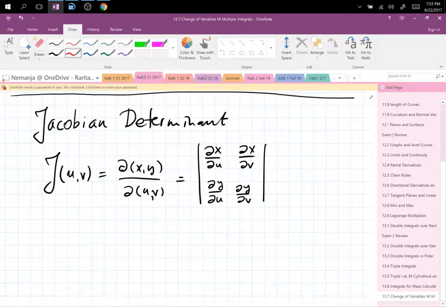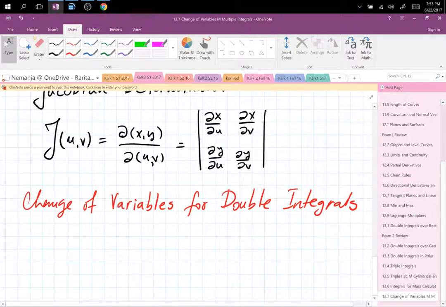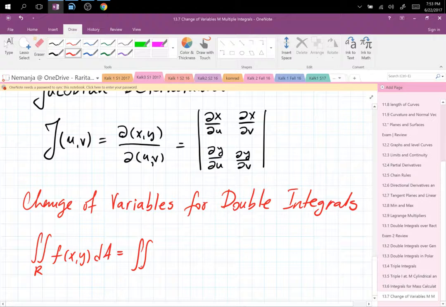And now we can finally write down the theorem for the change of variables in double integrals. Whatever integral you get over the region which you cannot compute for whatever reason, and you have a transformation that would work, you will transform region R into region S using that transformation.